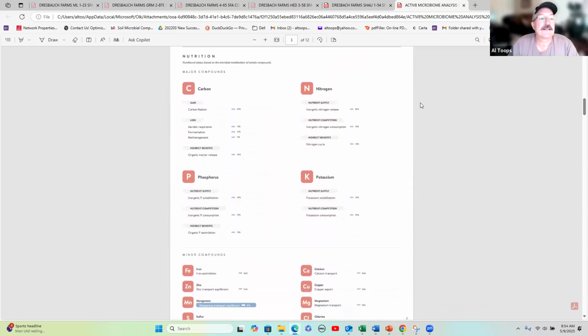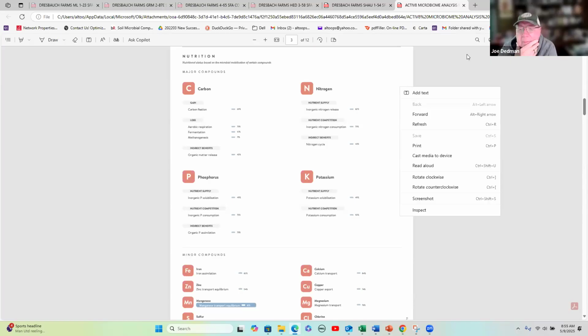I wish I could get this thing out of the way. I could open this up a little bigger. Hit your plus sign up at the top, make everything look bigger. I can't get this bar out of the way.